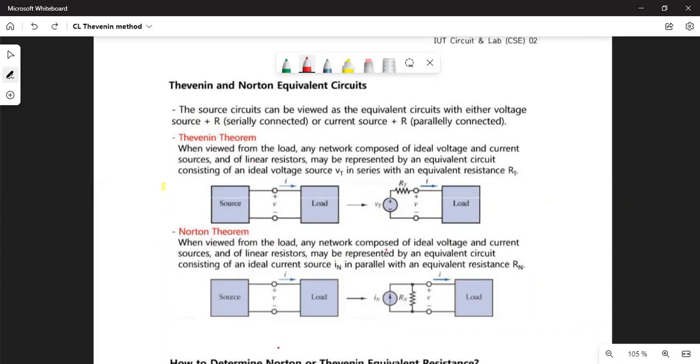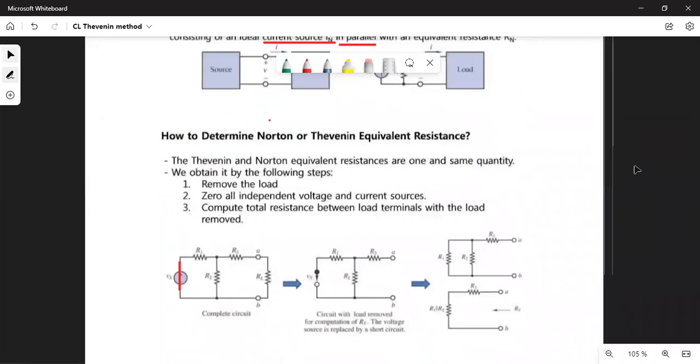Instead of a voltage source, we will use a current source, and instead of connecting our Thevenin resistance in series, we connect it in parallel. So basically, the differences are just here: not in series, but in parallel; not a voltage source, but a current source.